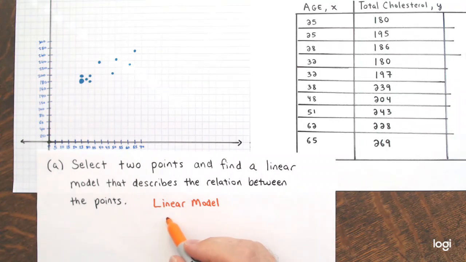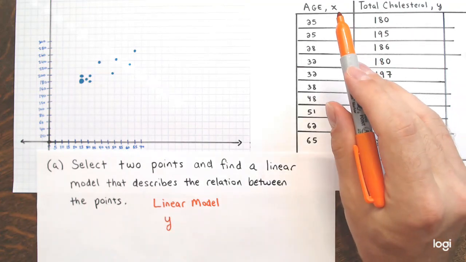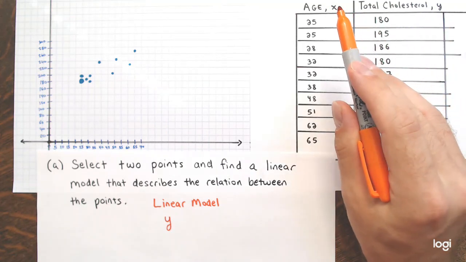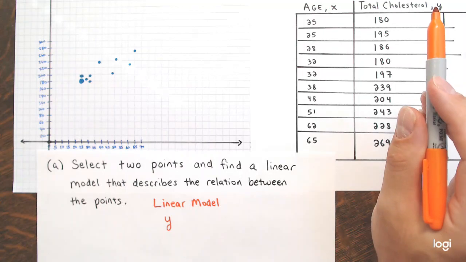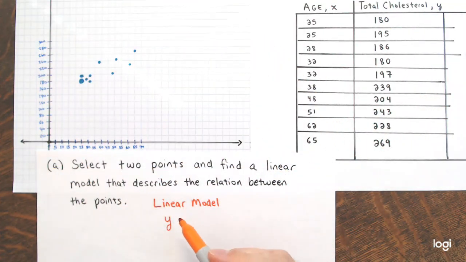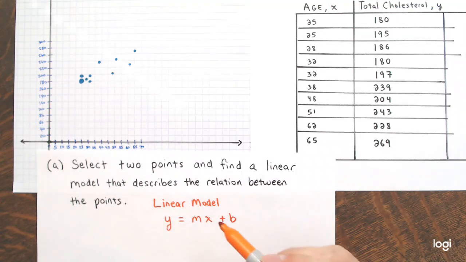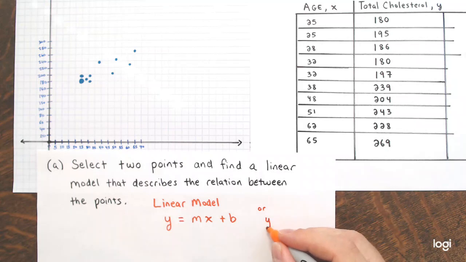Our basic linear model looks like this. My variables here were called x and y. X for age, that was the independent variable represented by the horizontal axis. Y for total cholesterol, the dependent variable represented by the vertical axis. And that was y equals m times x plus b. I put up videos prior to this on basic linear functions. Or you could say y of x, you could also write this in function notation.